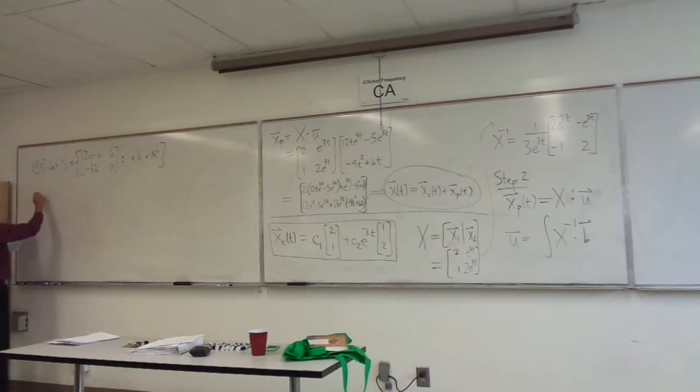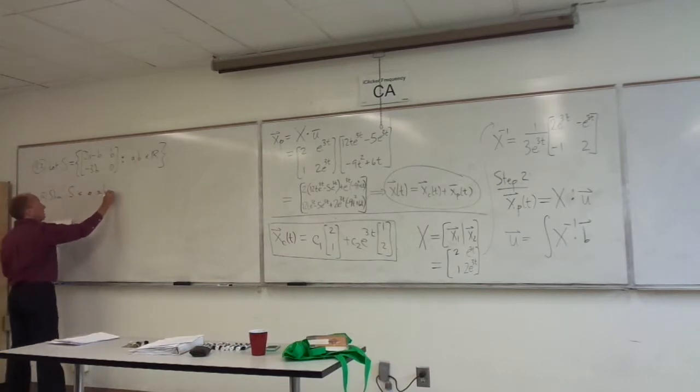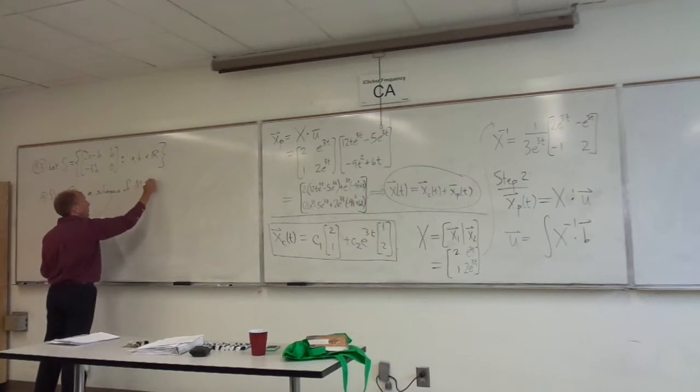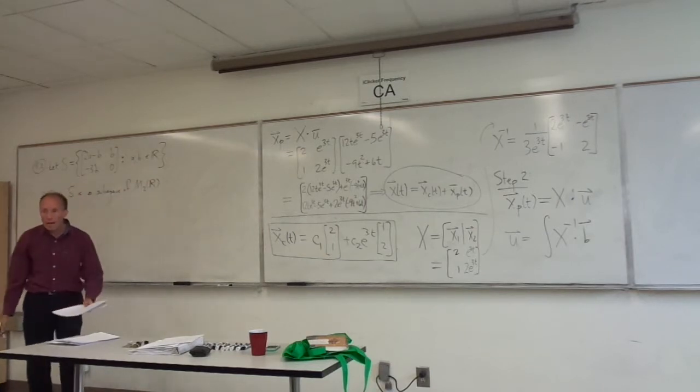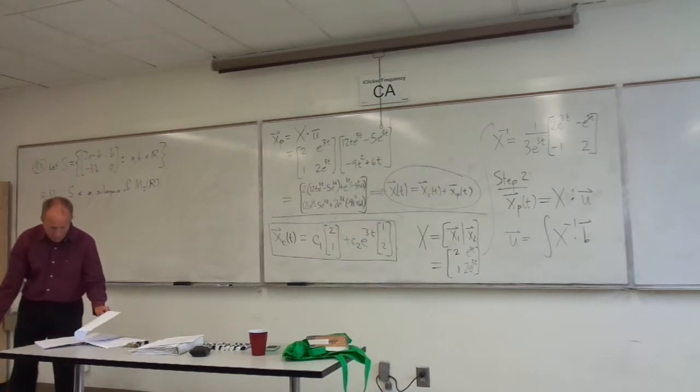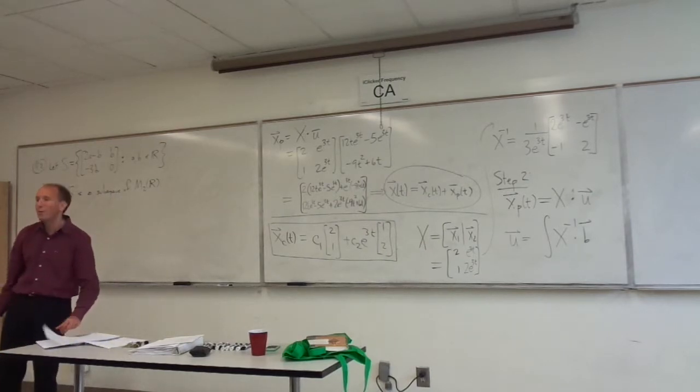So part A is going to say, show S is a subspace of M2 of R. We're going back to some of the classic linear algebra stuff here.